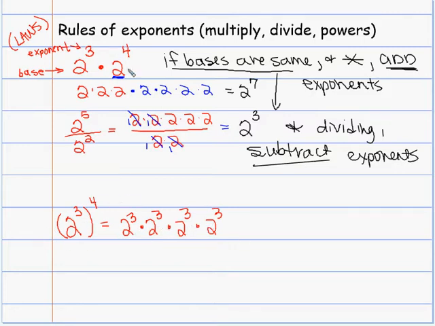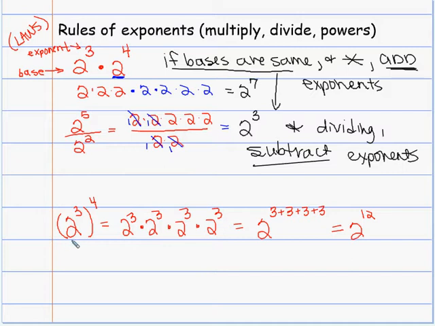Now we know up here we have like bases and we're multiplying, so we're just going to add all those exponents up. So that's going to be equal to 2 to the 3 plus 3 plus 3 plus 3 power, which is the same thing as 3, 6, 9, 12, 2 to the 12th.